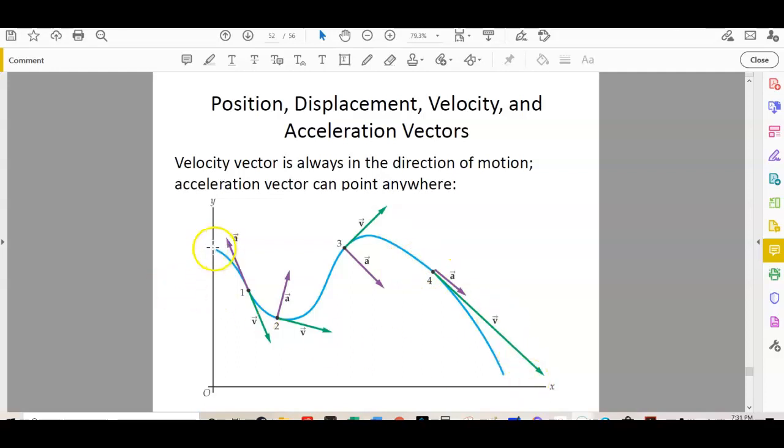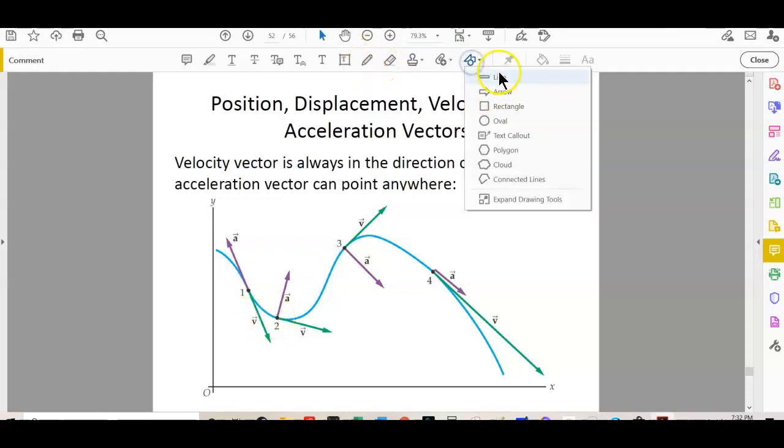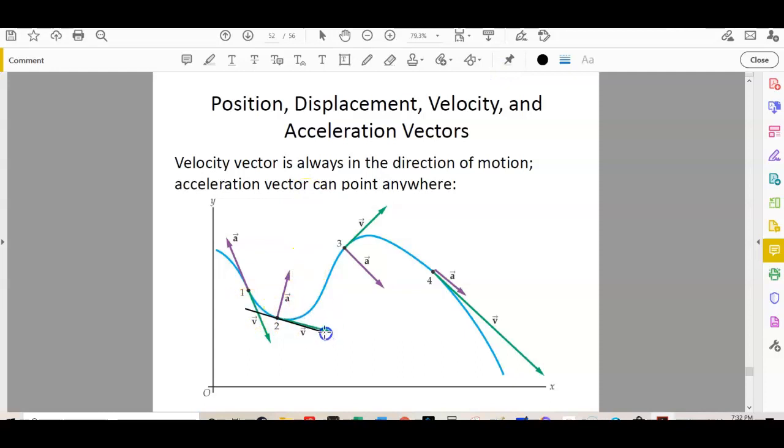And a person, so the velocity vector will always be tangent to the direction of motion, right? So right here, the object right here, you draw a tangent line, and that is your velocity vector at this point right here. At this point right here, number 2, you draw a tangent line right here. And I'll just grab a little tangent line, we'll overlay it right here. Okay, and so if you see how that's a tangent line to the point at number 2, well, that is the velocity.